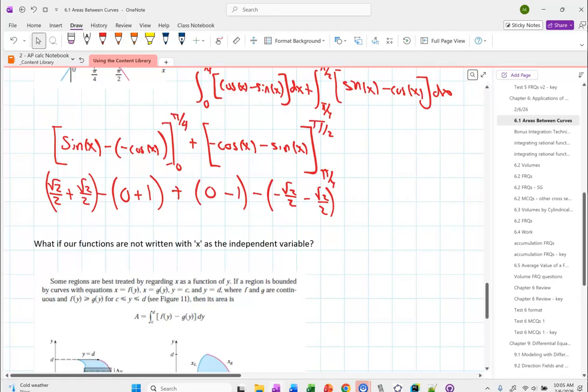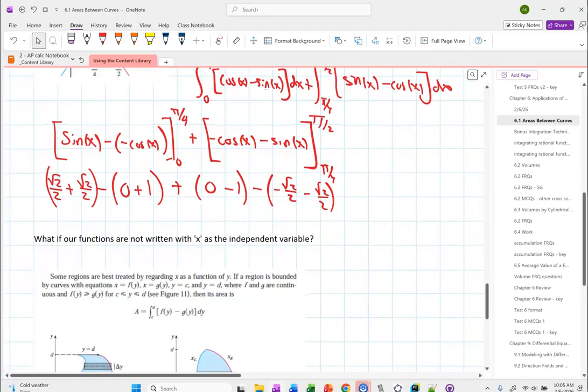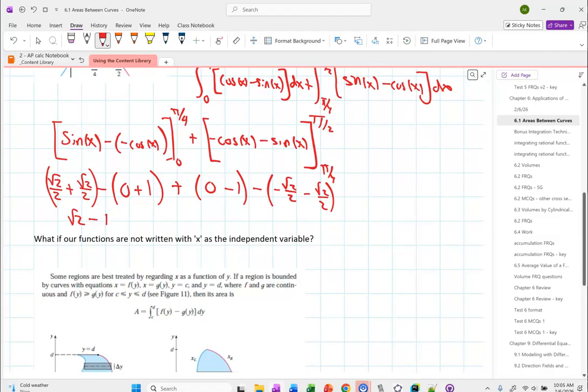Okay, so we distribute these things through. I add these two together. What do I get? Or just root 2, right? Okay, and then I have minus 1. And then I have minus 1. And then I have a positive root 2 over 2, or positive 2 root 2. So this would be 2 root 2 minus 2. Everybody okay with that?